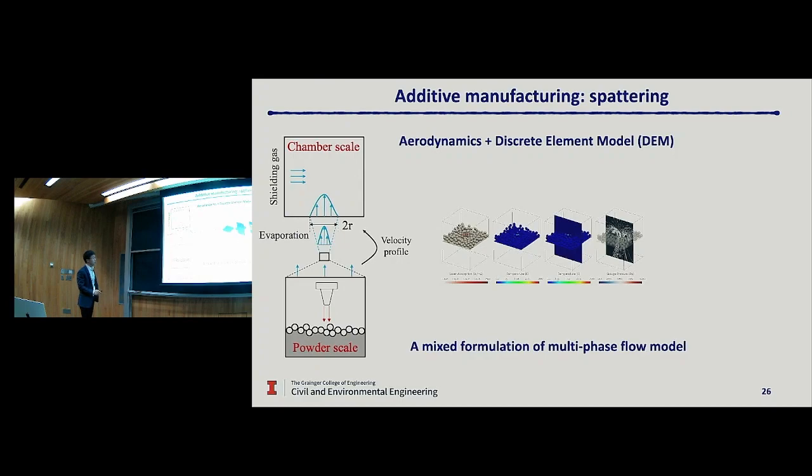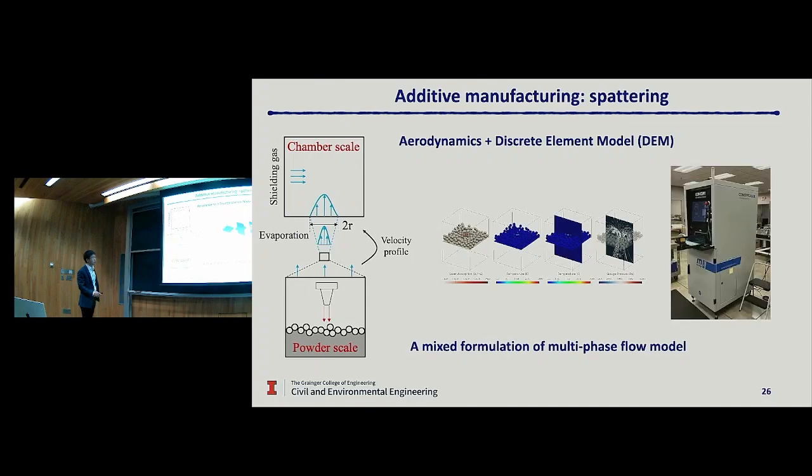After we do the simulation, we extract the injection angle, injection speed, as well as the vapor plume jet. We do a parameterization, and after that, we feed that information to a bigger chamber scale CFD model coupled with a DEM model to simulate the particle migration inside of the machine chamber. So this chamber scale model couples aerodynamic CFD and the DEM, and it takes the information from the powder scale and the cross flow to do the spatter dynamics.